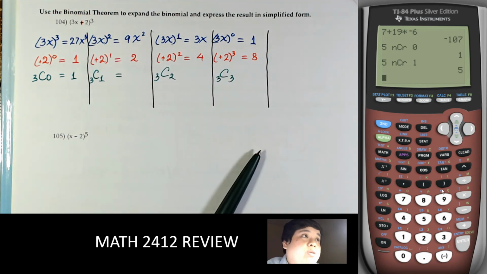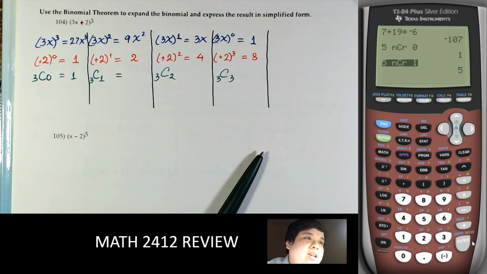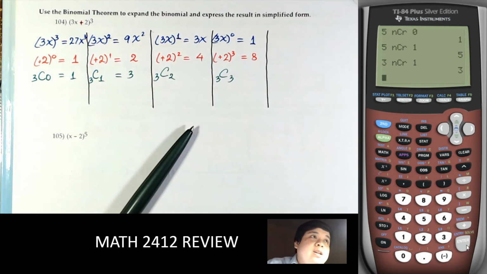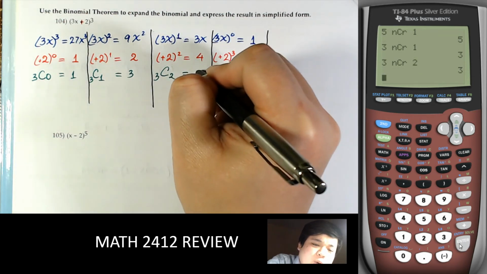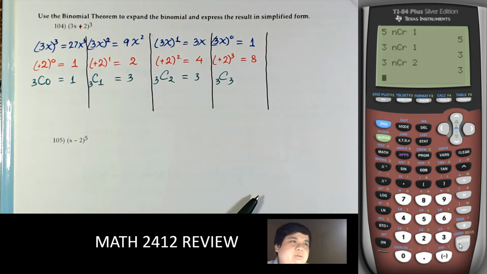I don't know why I put the 5 in front of it. It should be 3, right? 3, 2.